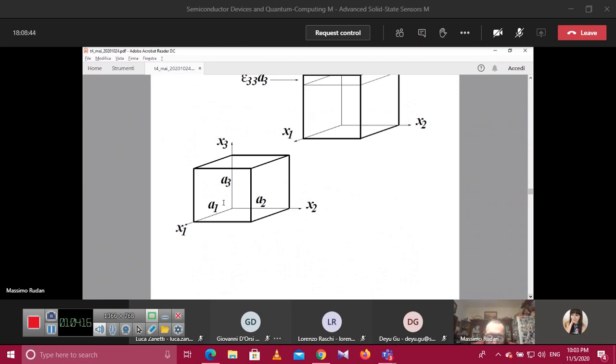So we expect that there will be a rigid shift of this block. There will also be a rotation of this block due to the deformation of the rest of the structure to which this block is attached. And finally, there will be a deformation of the little block itself, okay?